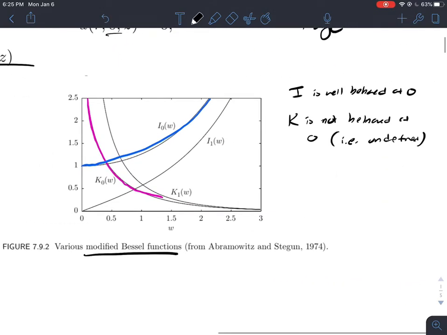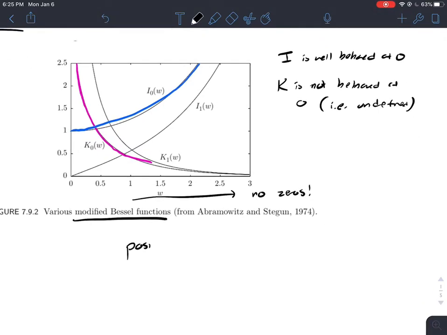However, I and K do not have any zeros in the positive set of numbers, right? So if you just look at the x-axis right here, no zeros. Consequently, if we had positively defined lambdas, that would give us the implication that we have zeros along the x-axis.